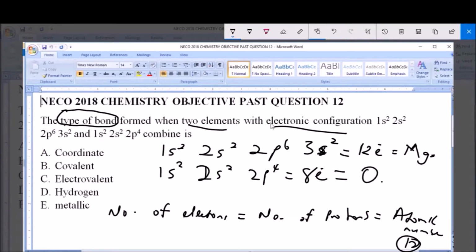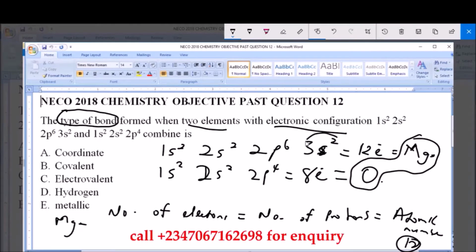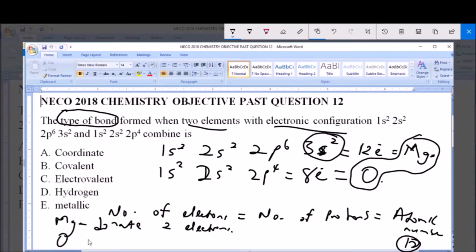So we are asked for the type of bond that will be formed between magnesium and oxygen. Now looking at these two elements, magnesium is a metal, and in order for it to attain stability, it will need to donate 2 of its valence electrons. And oxygen is a non-metal. In order for it to achieve stability, it will need to accept 2 electrons.